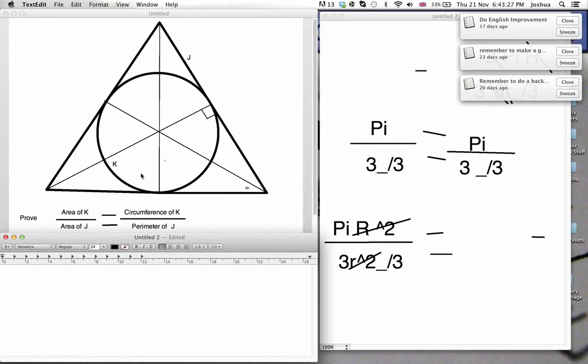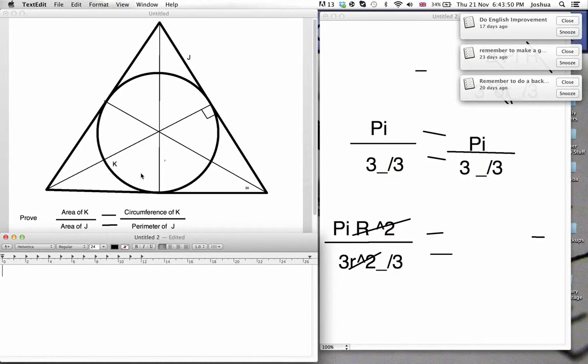All the angles in an equilateral triangle are 60 degrees from the center to the vertex. Since the tangent is perpendicular, the shaded triangle is right angled. Hence, the shaded triangle has angles 60 and 90 degrees, so it's half an equilateral triangle. Therefore, the side ratio is 1, square root of 3 and 2.